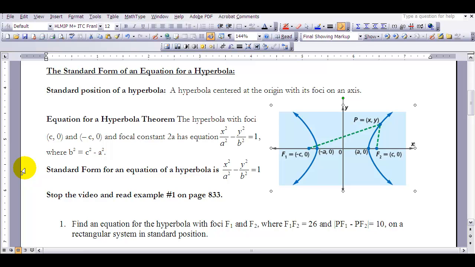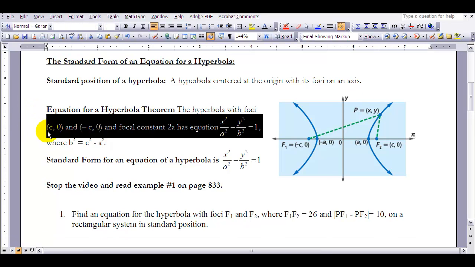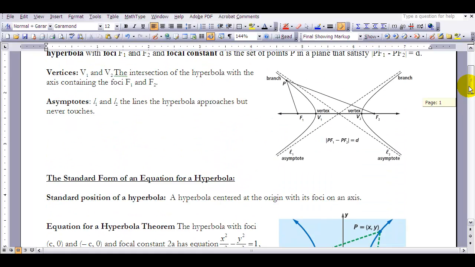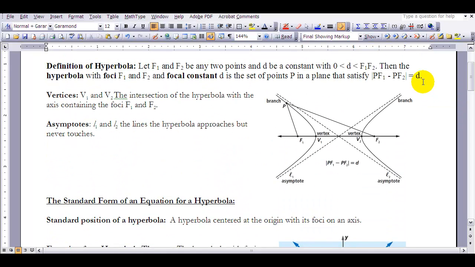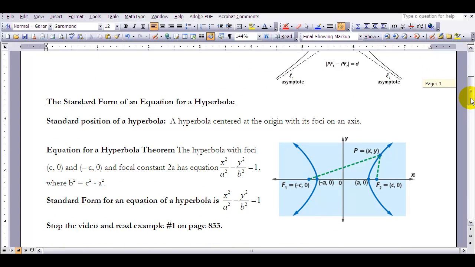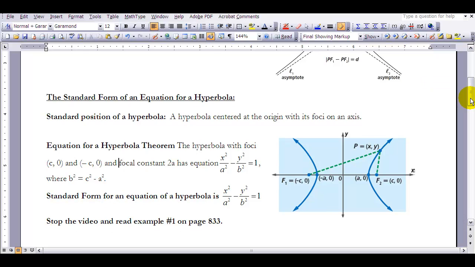So for a hyperbola with foci of (c, 0) and (negative c, 0) and a focal constant of 2a, that focal constant, that distance that we talked about up here, is 2a if it's on the x-axis, 2b if it's on the y-axis.